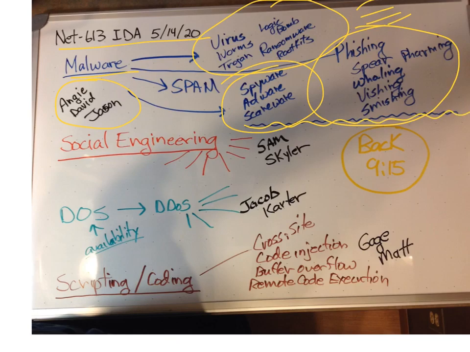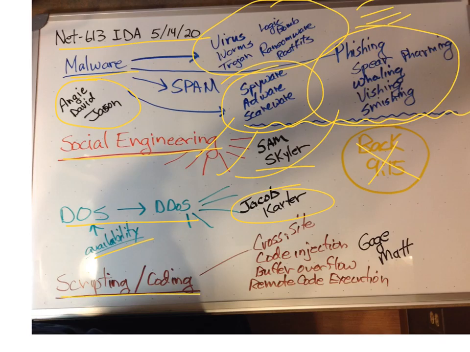Sam and Skylar talked about social engineering, and when they did that, a lot of this information related back to that. Denial of service, Jacob and Carter gave some good examples of denial of service. We're talking about availability or taking that away.